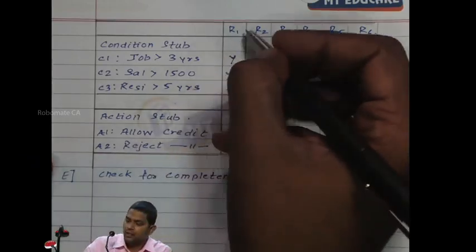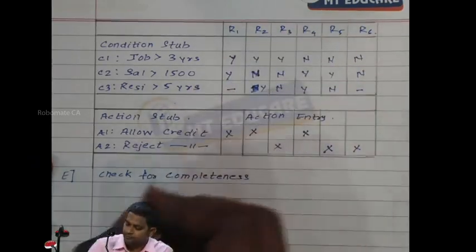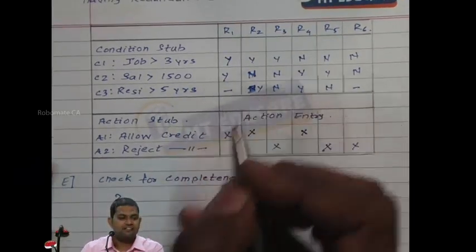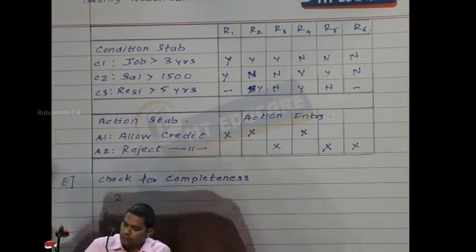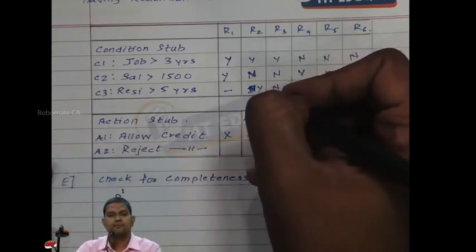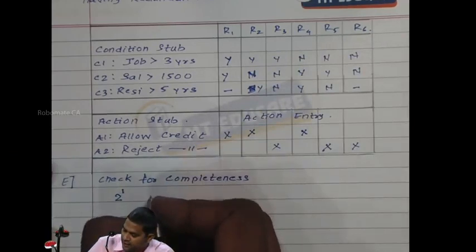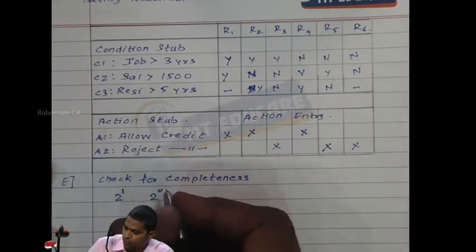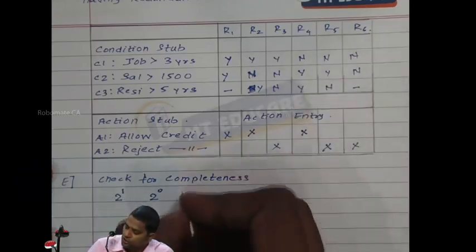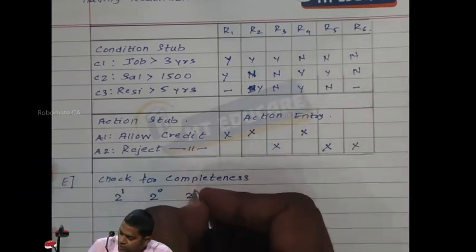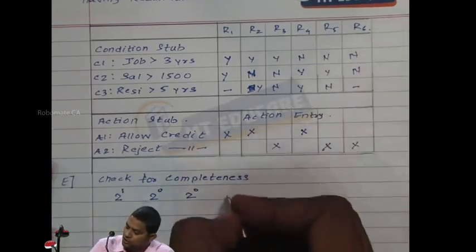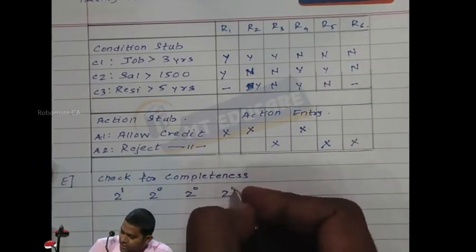Okay? So now I am writing a formula. I am writing a formula for rule 1. I said 2. For dash we have to consider 1. So I am saying 2 raised to 1. Now for rule 2 it is 0. So I say 2 raised to 0. For rule 3 no dash means 0. So I say 2 raised to 0. For rule 4 no dash means 0. So I say 2 raised to 0.